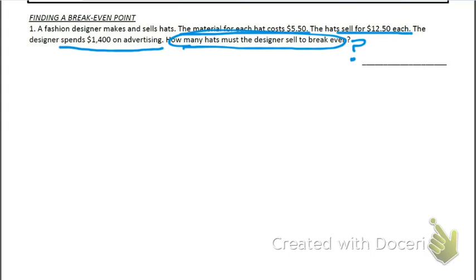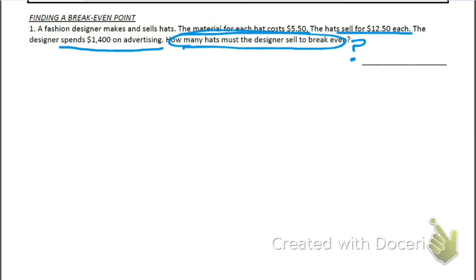Okay, so the question is, after how many hats does how much I make and how much I spend become equal? So we're going to write 2 equations for this. The first equation is for the cost of actually making them, so our expenses. But before we do that, we have to define our variables.